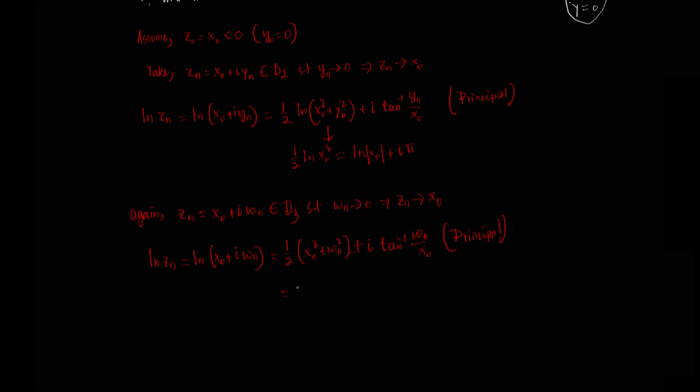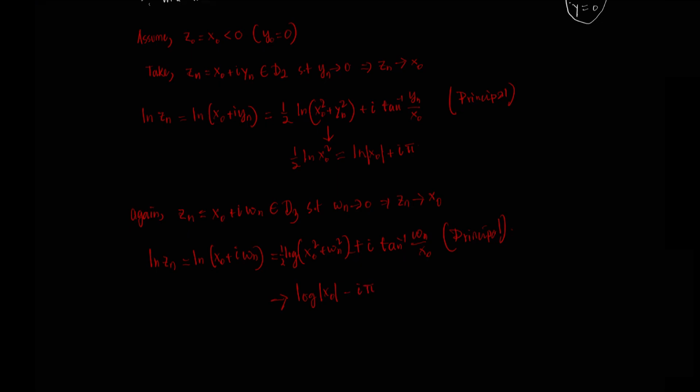There is a logarithm I have missed, half log. So this becomes log of mod x naught, of course, that is true. But here this is not pi anymore, this converges to minus i times pi.